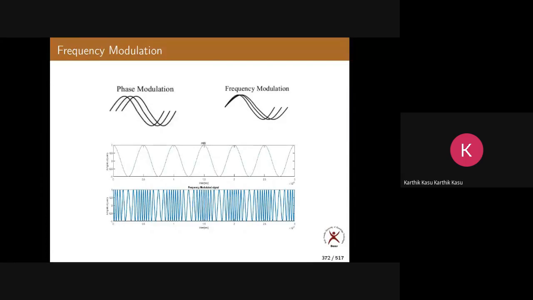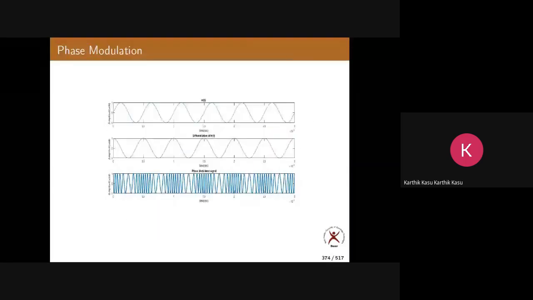Because of that reason, in phase modulation also we will observe frequency variations. Please make a note of this. What is the definition of phase modulation? The instantaneous phase of the carrier changes according to the message signal.